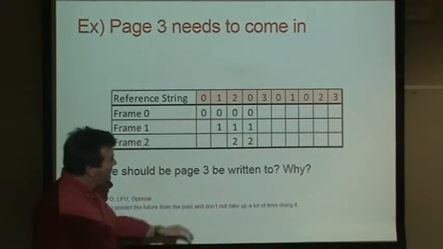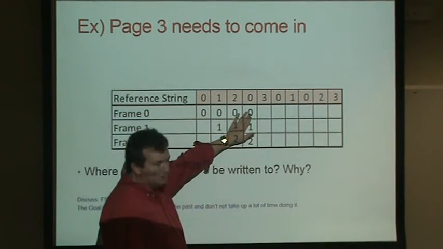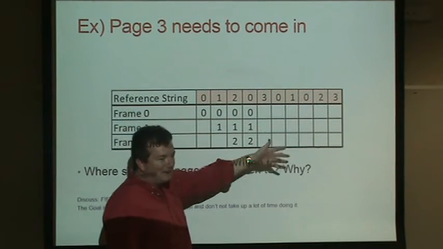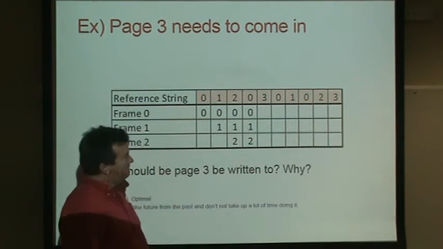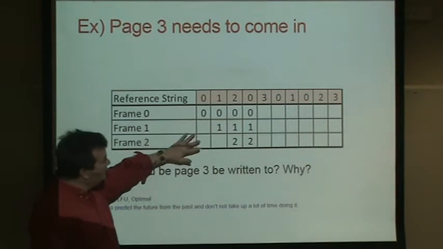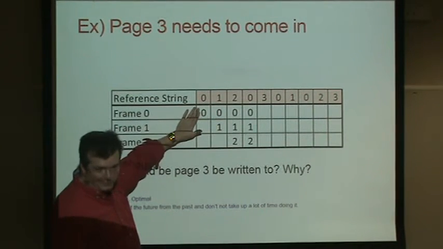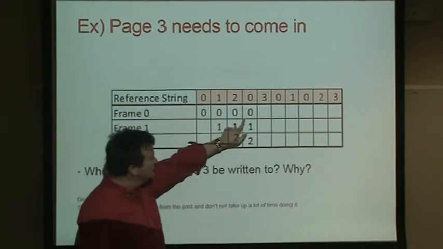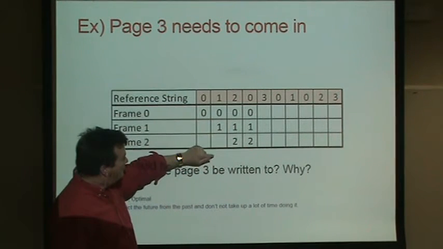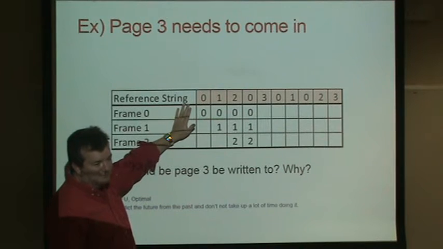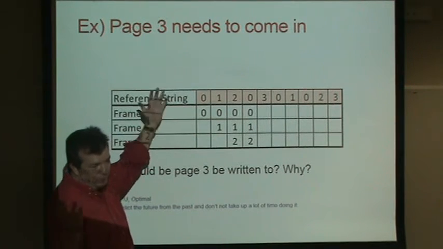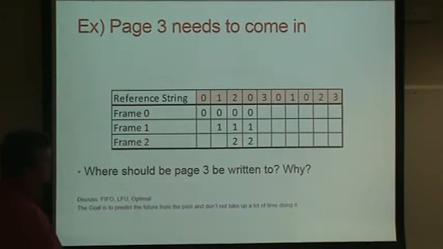And so one thing you were saying was, since page 0 has just been used recently, it may not be needed in the near future. Interesting. Some people say pick 0, but for a different reason: not that it's been used recently, but because it's been sitting in here a long time, so let it go.